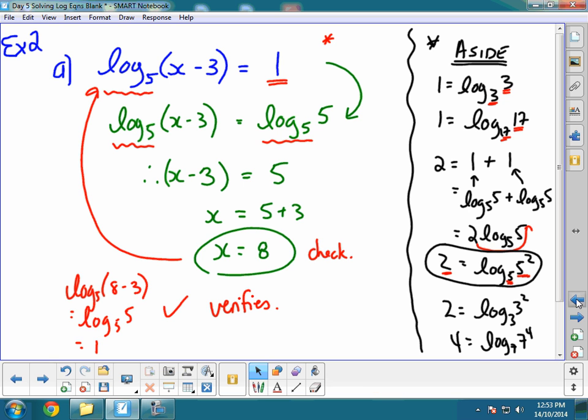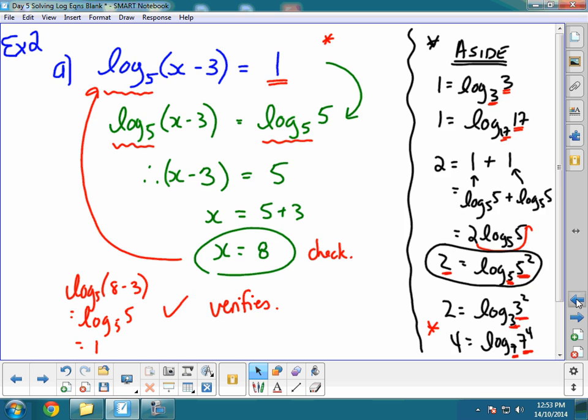There's the aside. So here was an example where we had 4. 4 can be converted, if I was using base 7, as log 7 to the power of 4, base 7. 2 converted to log 3 squared, base 3. Or 2 could be log 5 squared, base 5.